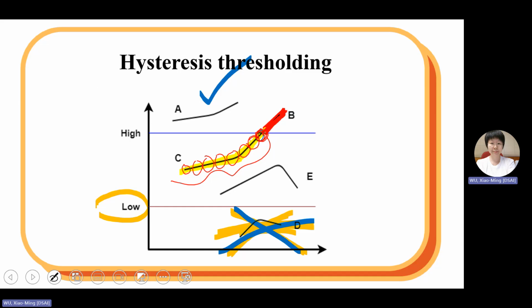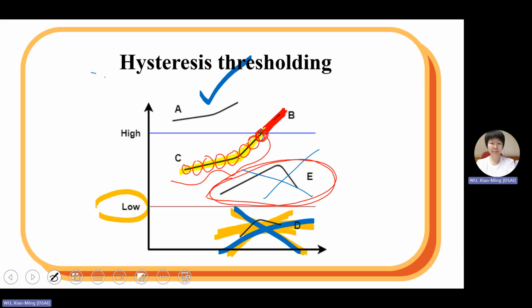They're all considered edge pixels. However, the pixels of edge E are not considered edge pixels because they are not connected with strong edge pixels. Clear?